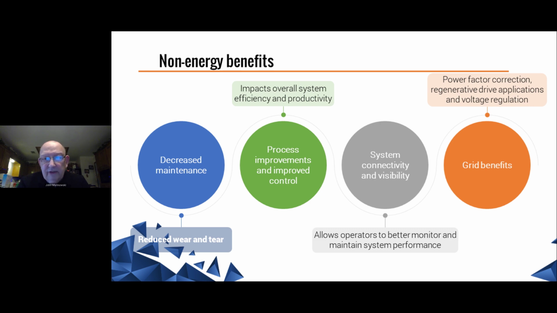And then a drive basically corrects for power factor. If you put the right drive in, it can be a regenerative drive that takes the surplus energy from an overhauling load and puts that back on the line. And then again, it compensates a little bit for voltage regulation.